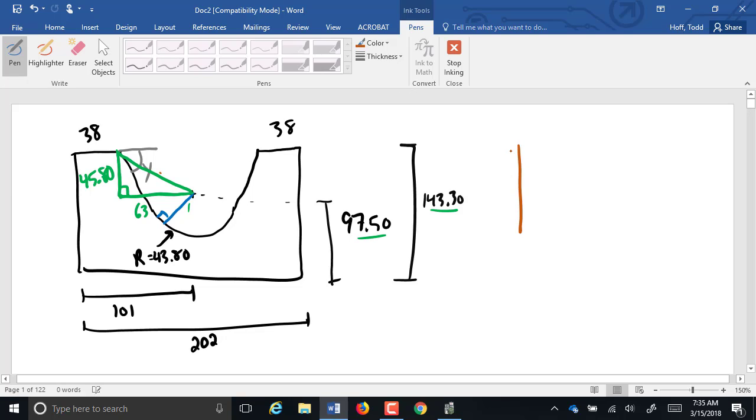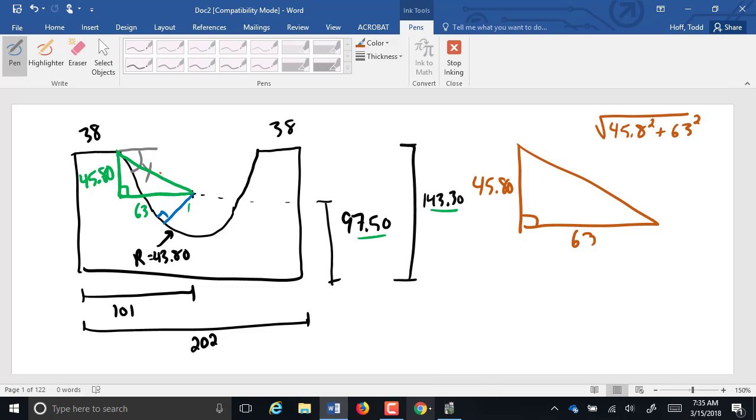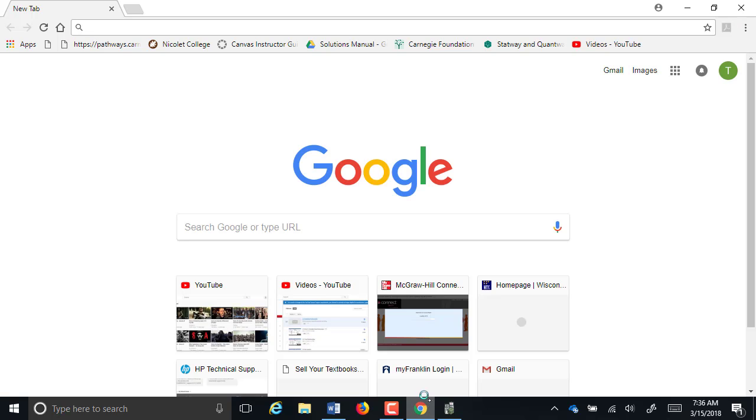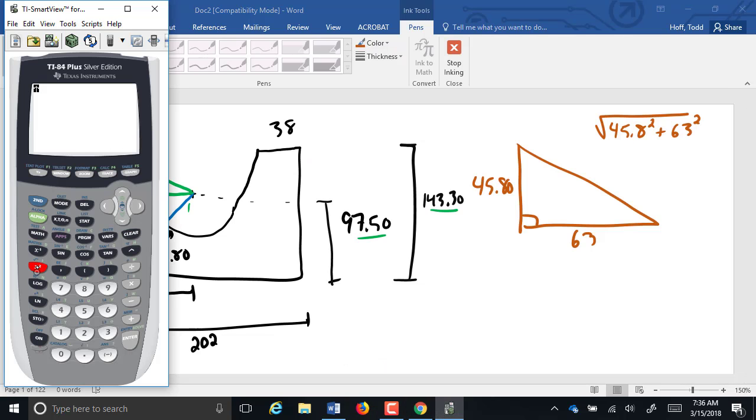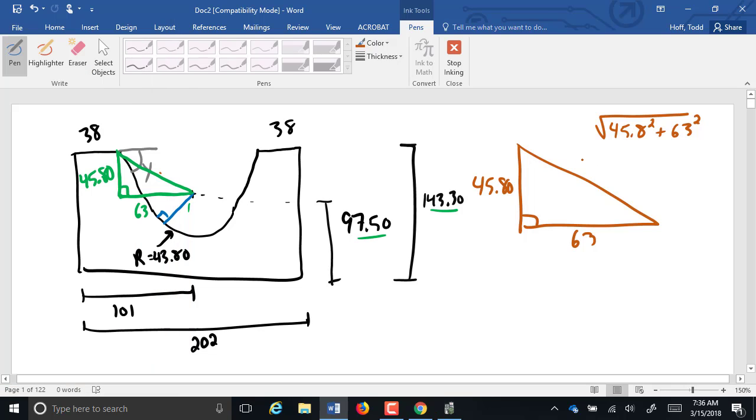I'm going to redraw my triangle here. That's 45.8 squared plus 63 squared, then square rooted. Sounds right. 77.889, we'll call it. So we've got that distance.